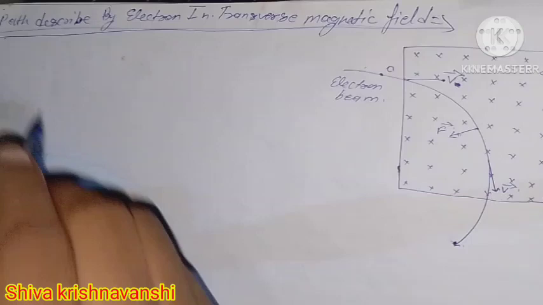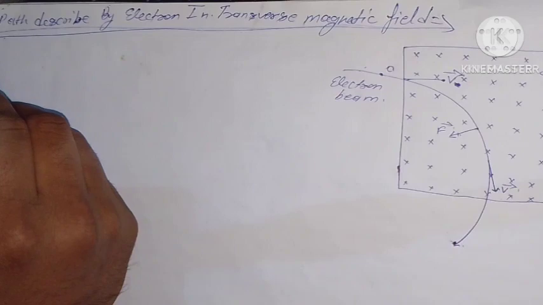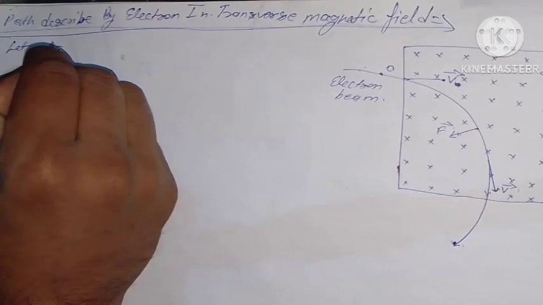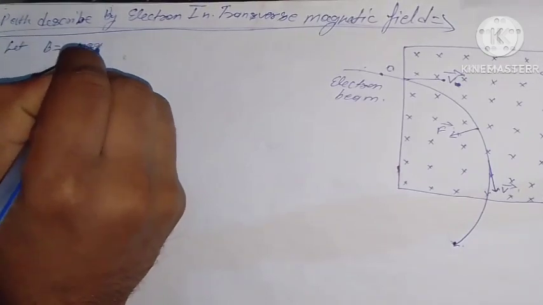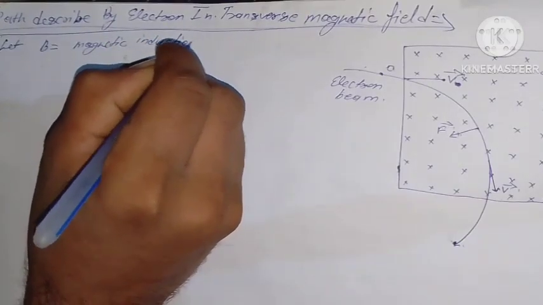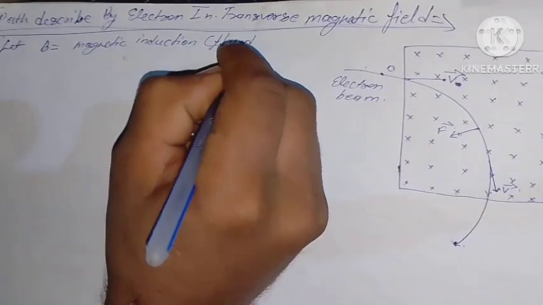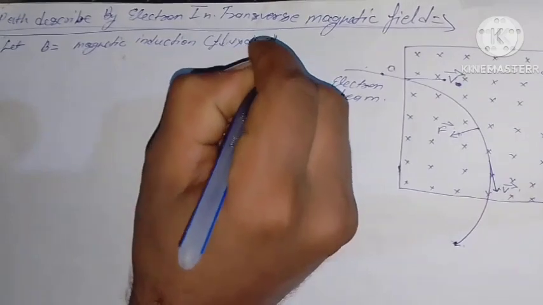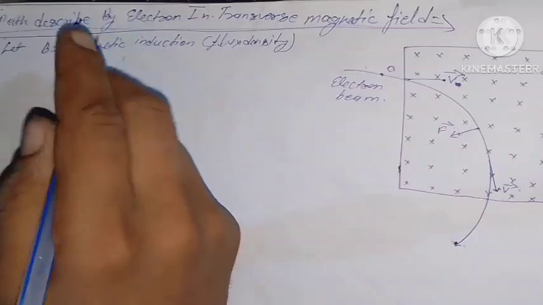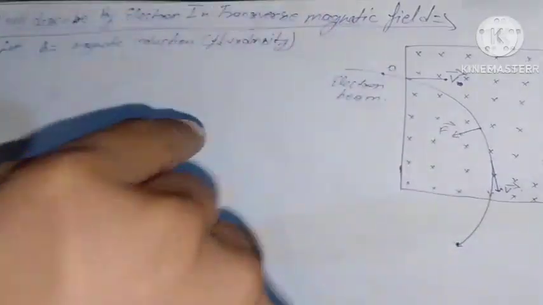Let capital B be the magnetic induction flux density of a uniform magnetic field acting perpendicular and into the plane of paper.